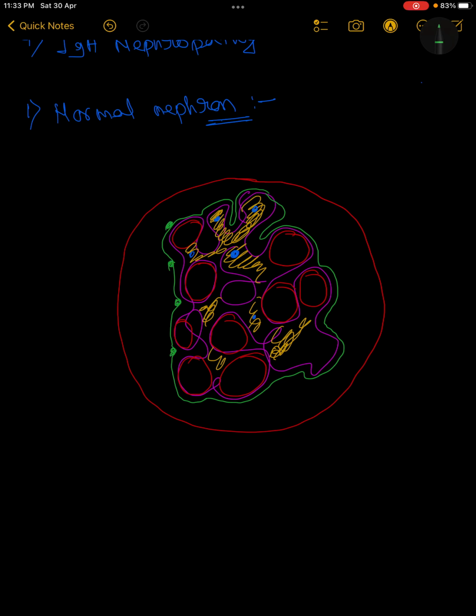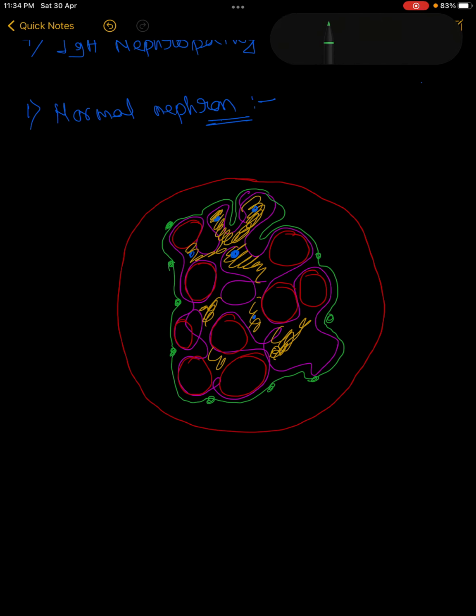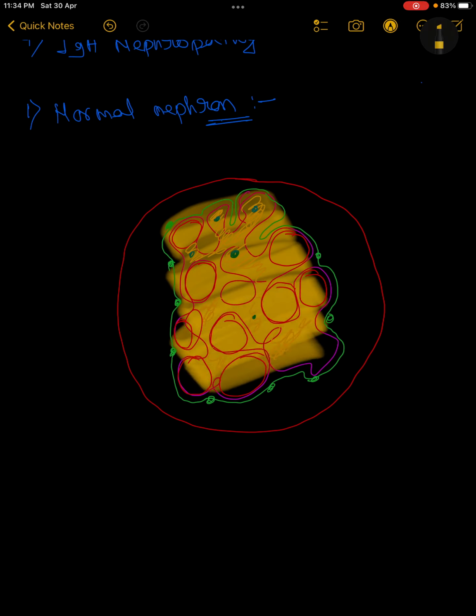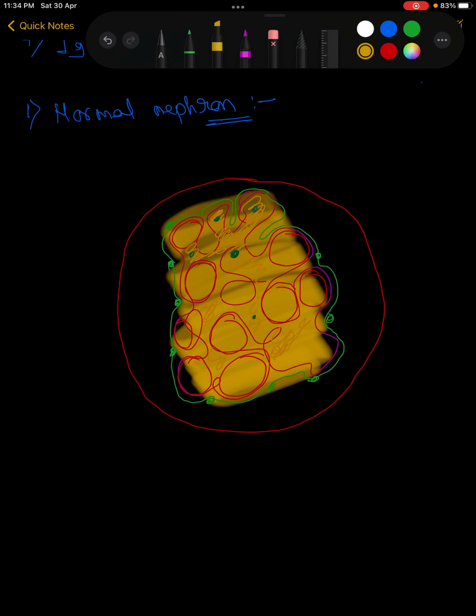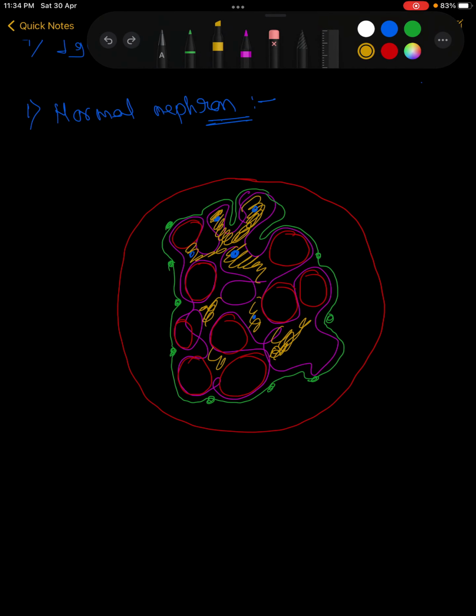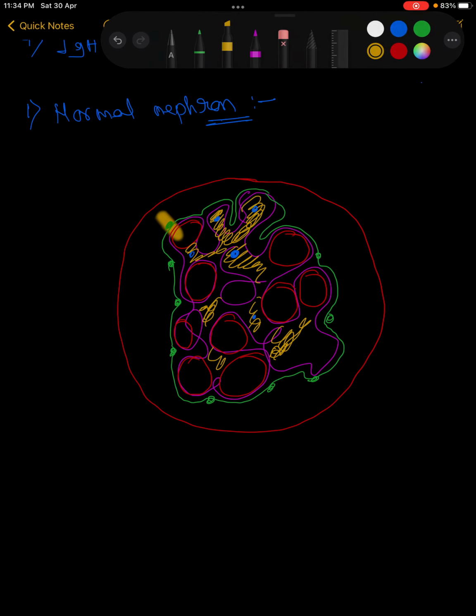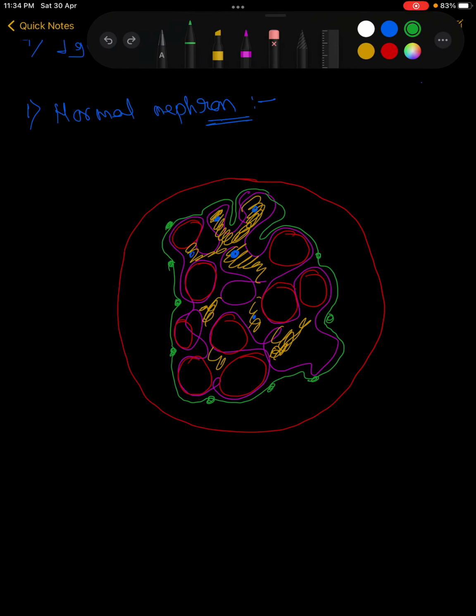So in a histological slide, when you see this portion, you will find two nuclei. One is this peripheral nucleus.